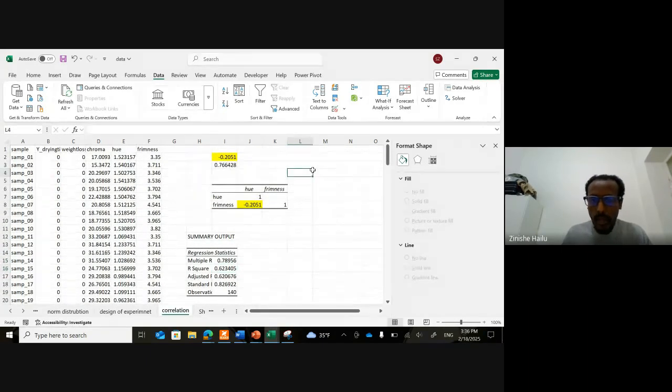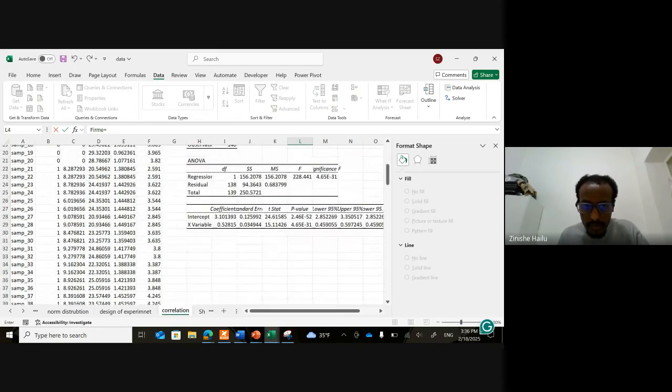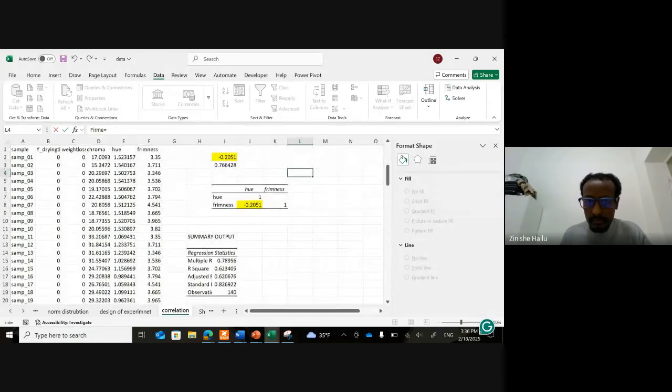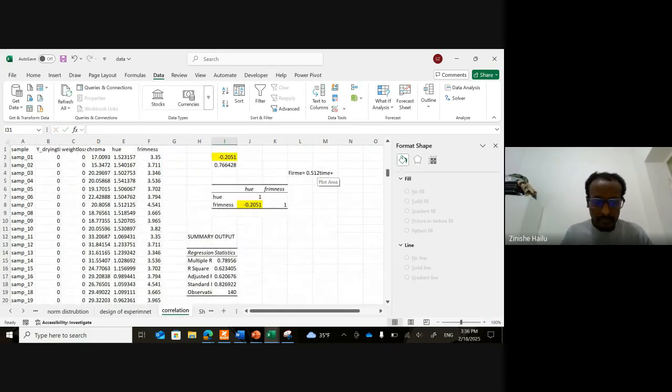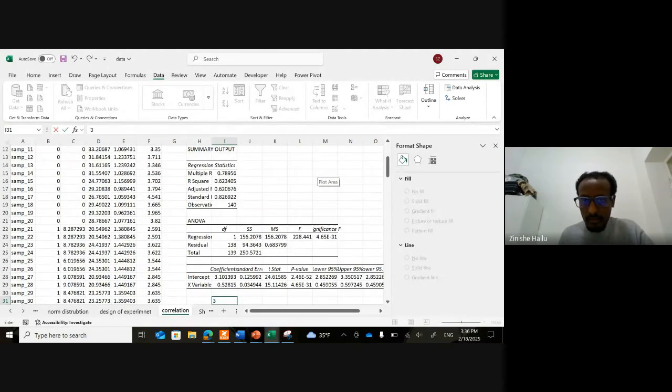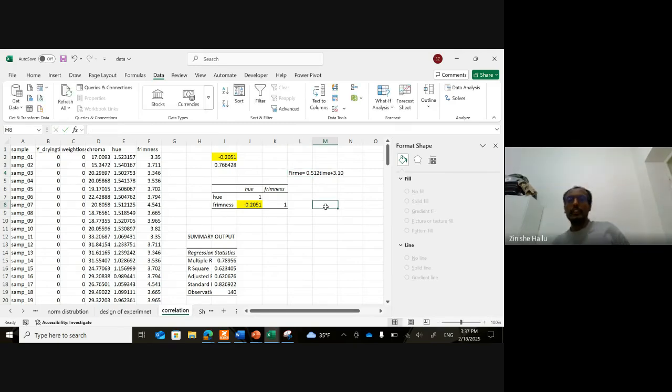This means Y, the firmness, is equal to the coefficient, here 0.52 times time plus intercept 3.10. This is the relationship with time.